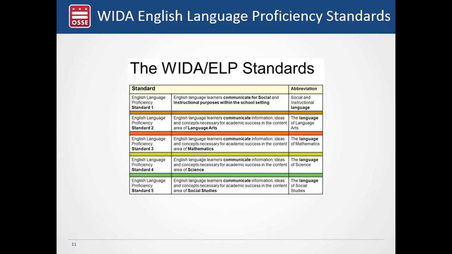Here in Washington, D.C., we are a member of the WIDA Consortium, and we use WIDA's English Language Proficiency Standards to help us understand what students can do with language and for planning and assessment purposes. The 5 standards are on the screen before you. For the case study, notice that standard 3 is the language of mathematics.